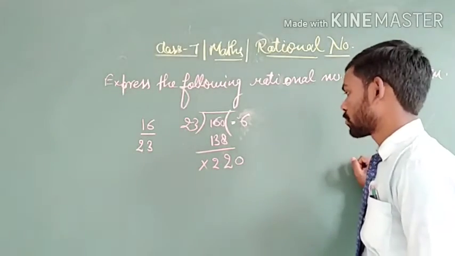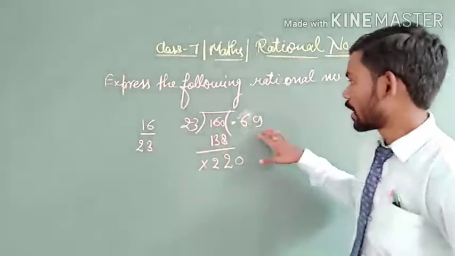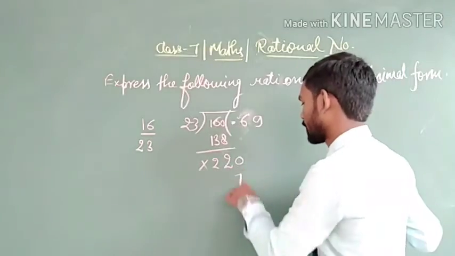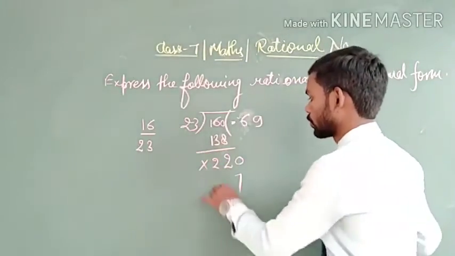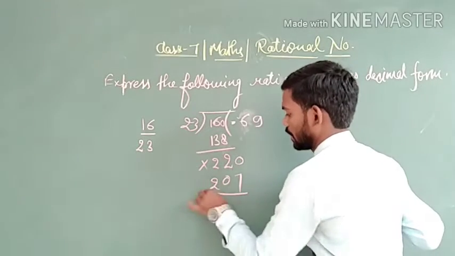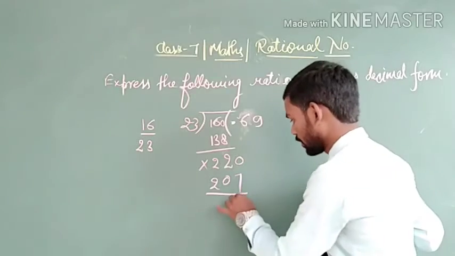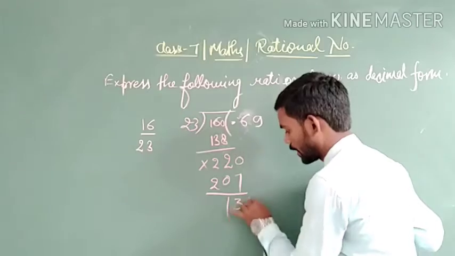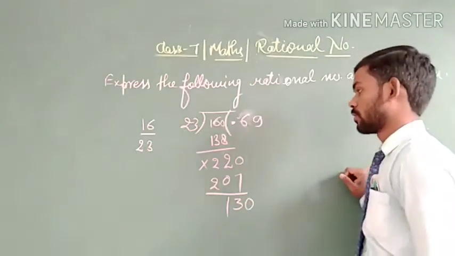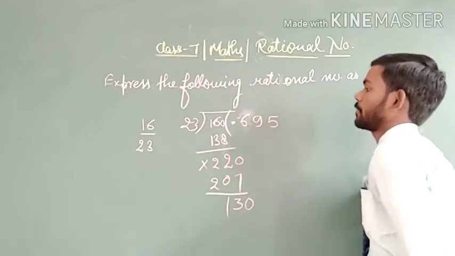Now we solve. It goes 9 times, and 9 3s are 27, 9 2s are 18, 18 and 2, 20. And again here we get 10 minus 7, 3 and 1 minus 0, 1, and here we put 0. Okay student, now we take it by 5 times.